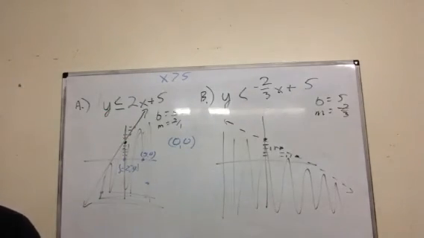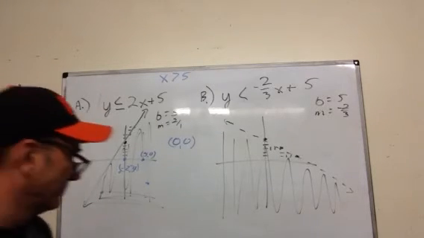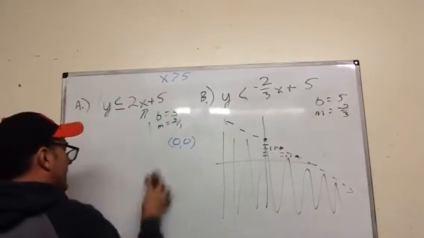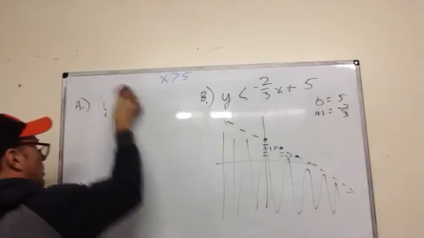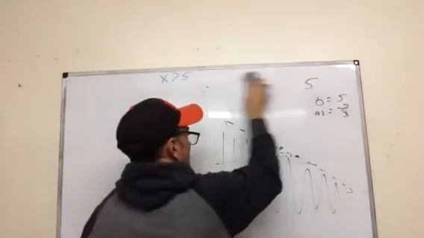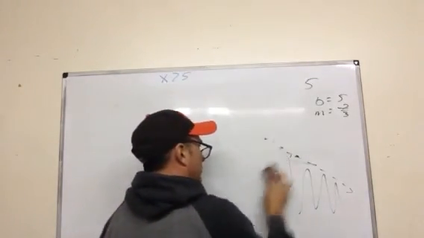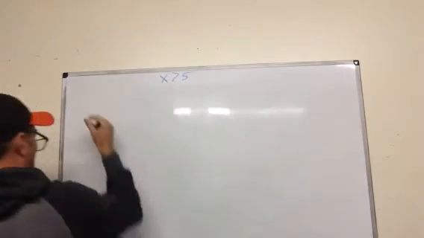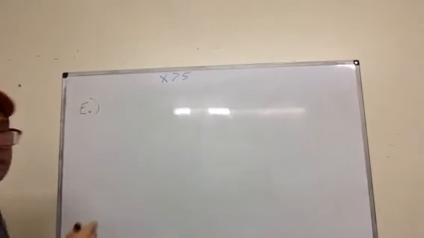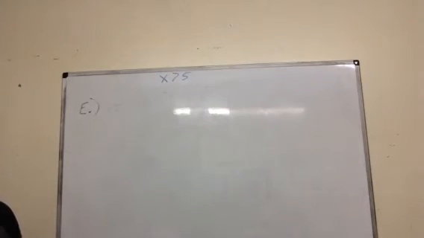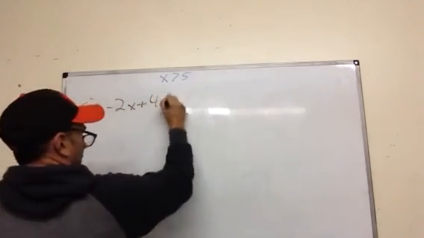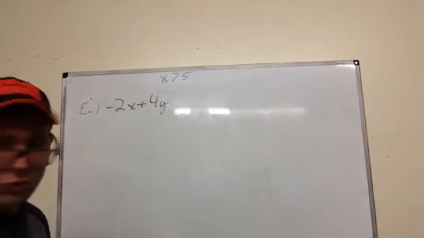Now let's look at another problem. Let's look at letter E. Now letter E is not in slope-intercept form. So we have to change this. We need to put it in slope-intercept form. Here's letter E. It is -2x plus 4y is greater than 12.